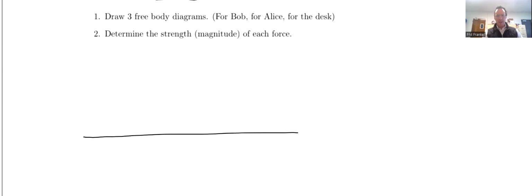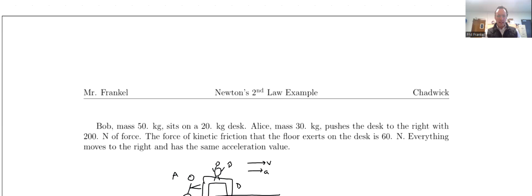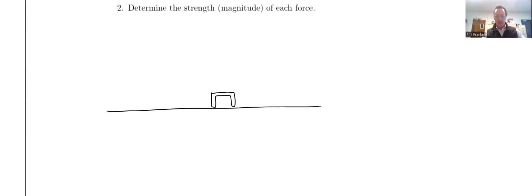So there's the desk, and the desk has a mass of 20 kilograms. So mass of the desk equals 20 kg. Alice is somewhere over here. Yes, she's pushing on the desk, but to draw her free body diagram, I don't want the vectors for the forces on the two objects to overlap.